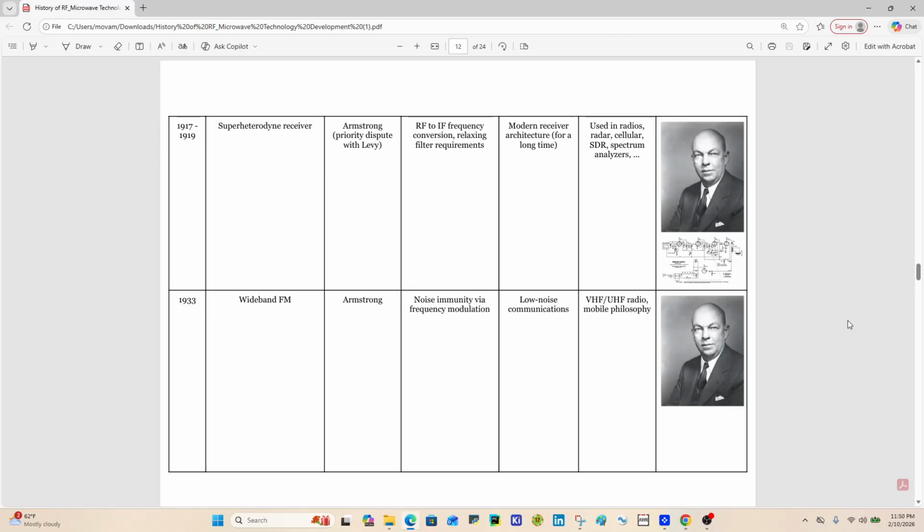In 1933, he invented wideband FM, and this improved audio quality significantly over amplitude modulation due to less corruption by noise. And counterintuitively, he found that extending the bandwidth of the modulation index resulted in better noise immunity.